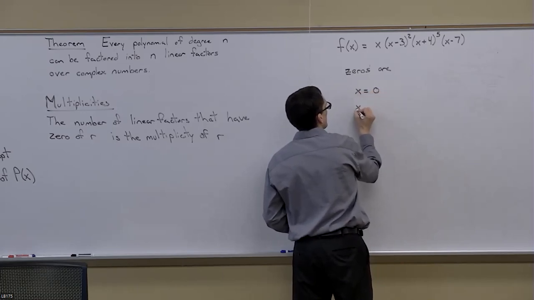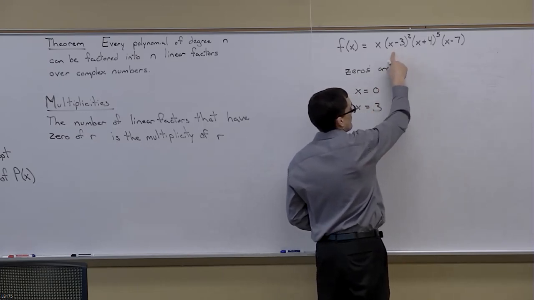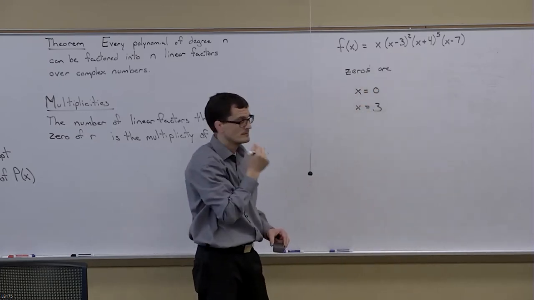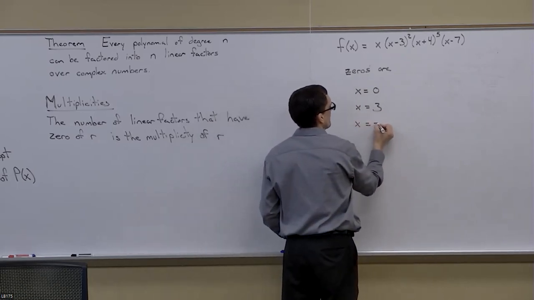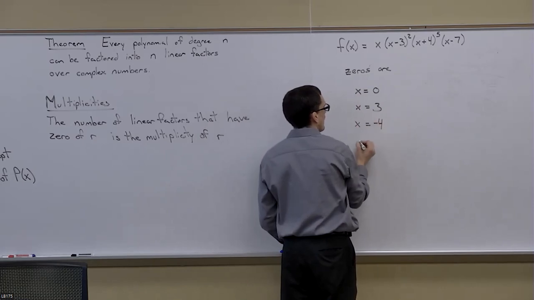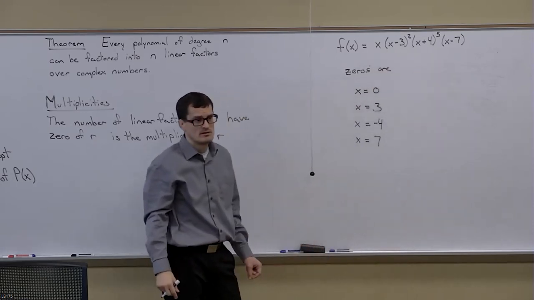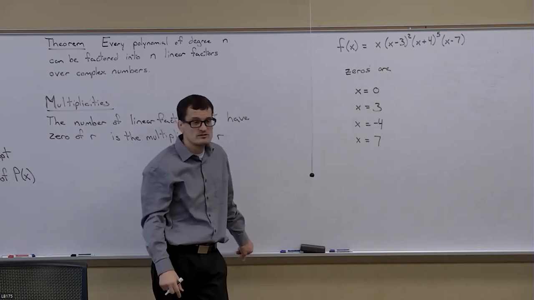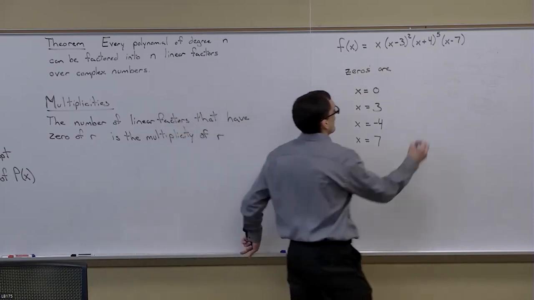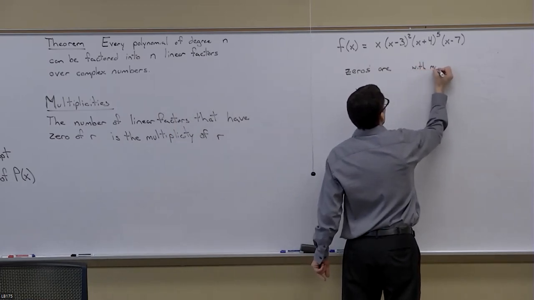The next one would be an x of 3. When I set that equal to 0, I get a 3. The other one would be a negative 4. And the last one would be a positive 7 if I'm going in left to right order. So I have 4 zeros with multiplicity.